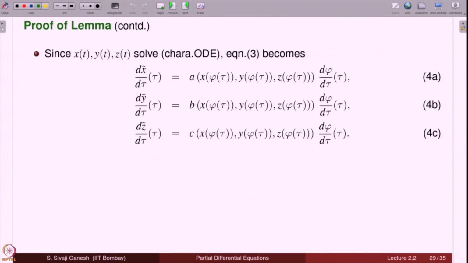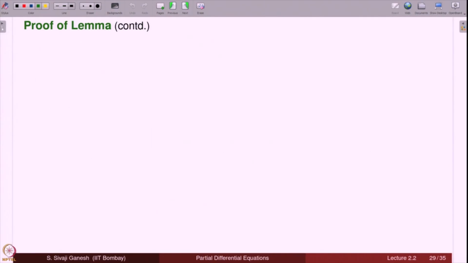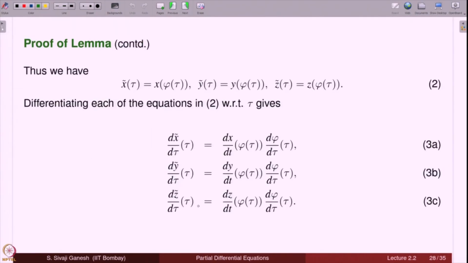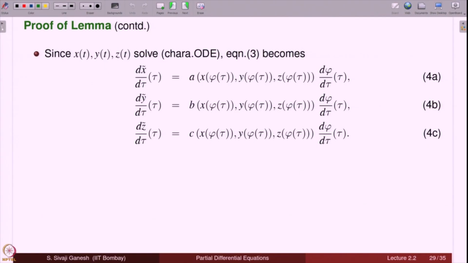Now x t, y t, z t solve the Cara ODE, therefore we know that dx by dt, dy by dt, dz by dt are a, b, c respectively at the point x of phi of tau, y of phi of tau, z of phi of tau. So this is the equation we get.